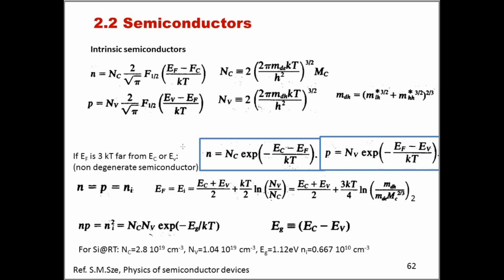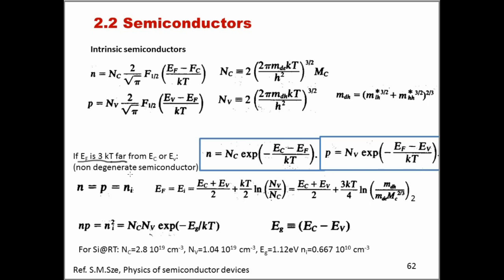And the interesting thing is that if you consider the special case that the Fermi level is far enough from either the conduction band or the valence band, at least 3 kT away, this situation is called the non-degenerate semiconductor.